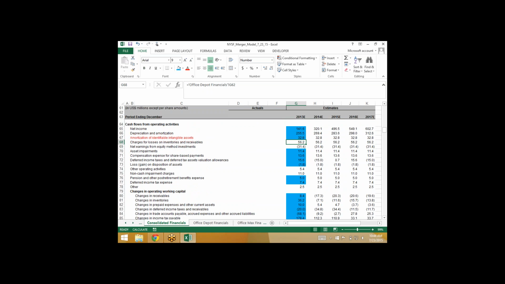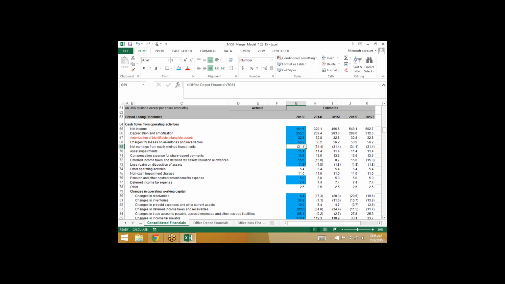So this is one of those items that has to just be lumped into other assets, other long-term assets. It can never go into other short-term assets because other short-term assets comes from working capital. So 68, I'm going to pull into other non-current assets. There's really nowhere else you can go if we think about it that way. Does that make sense? Yes? No? 68?